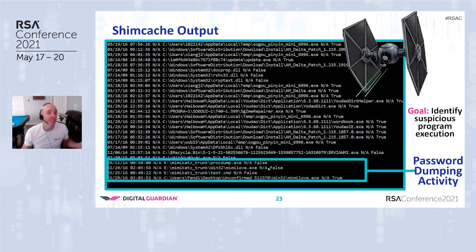This is what the data looks like. It gives you a plethora of information. It shows you all the programs that have executed, the date and time. This information is extremely useful. In this particular case, I can identify, for example, Mimikatz just executed. If anyone knows what Mimikatz is, that's a credential dumping program. So I can say back in 2014, I had a credential dumping program problem in my environment.